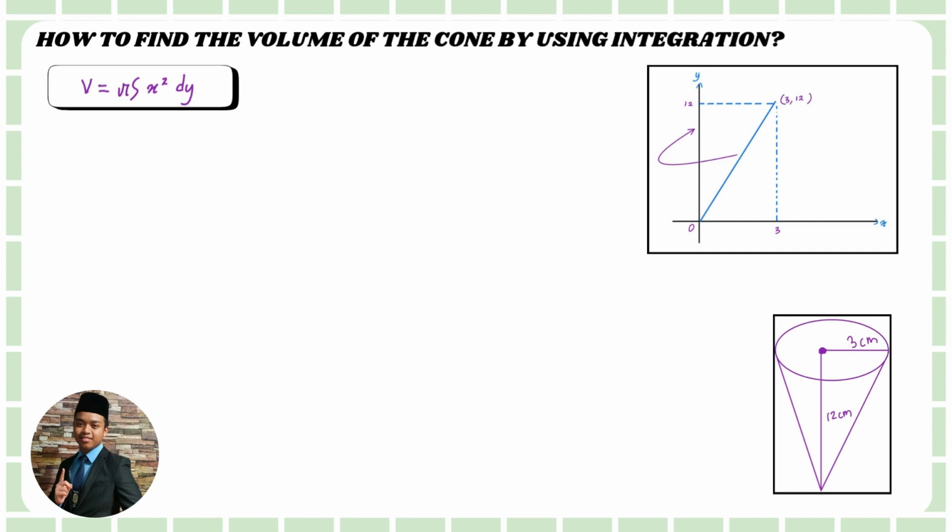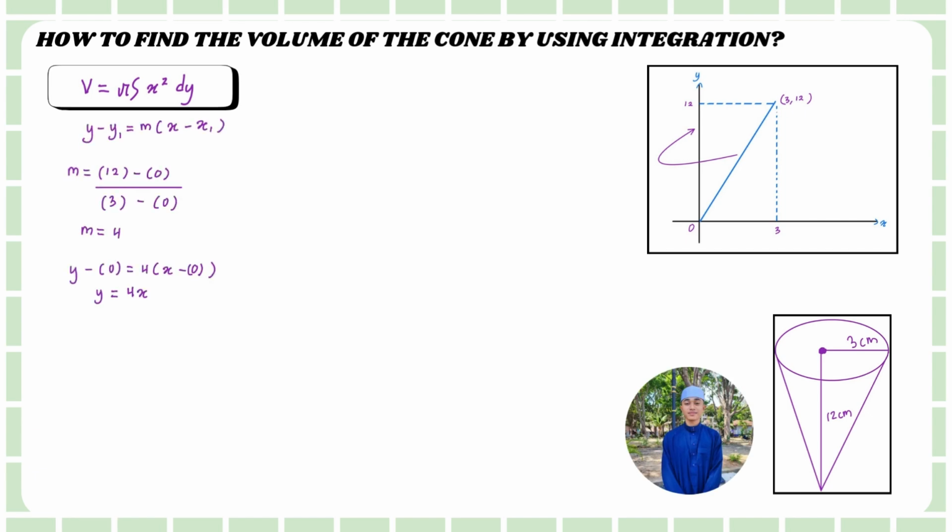Paul, we need to find x squared first, because according to the formula of volume in integration, x squared is needed to find the volume. As you can see here, this is the formula that we should use to find the volume of a cone. So Hazmi, can you help me to find x squared first, so we can proceed into this formula?